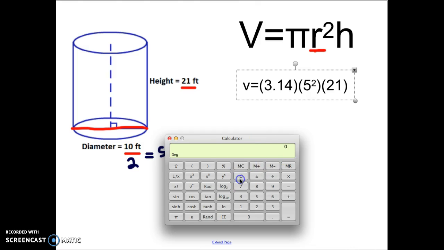Plugging those in the calculator, so pi times 5 squared, 5 times 5 is 25, times 21 gives me 1,648.5 feet cubed.